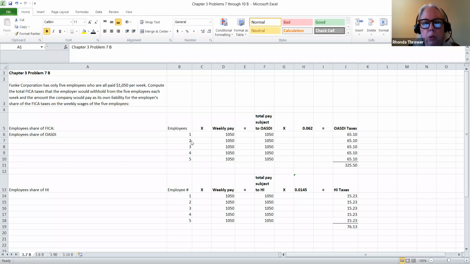Your second employee is also going to be paid just $1,050. So we really don't need this multiplication sign here. We just need to know that the weekly pay is this. So let me take that out of there because I think that would be a little bit confusing for you. And I'll take that equal sign out of there too because I don't think you need that there.